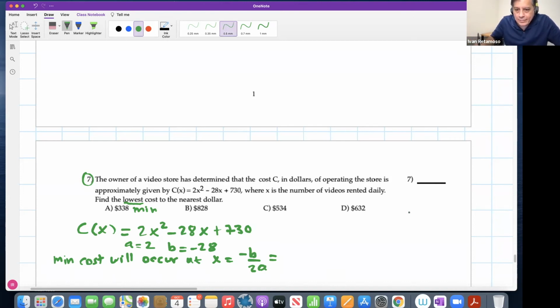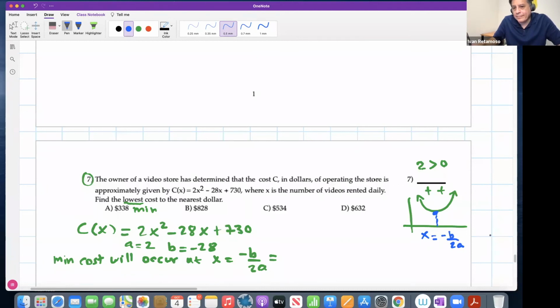Yeah, maybe a diagram also may reinforce this idea. Right? There is a cost function that looks like a parabola that opens upwards. How do you know, Professor, opens upward? Because of the happy face that this tells us, right? The leading coefficient being positive, happy face. So they are asking you to figure out where this minimum cost happens, right? And this is going to be here. It will happen at minus b over 2a, right? Yeah, go ahead, guys.